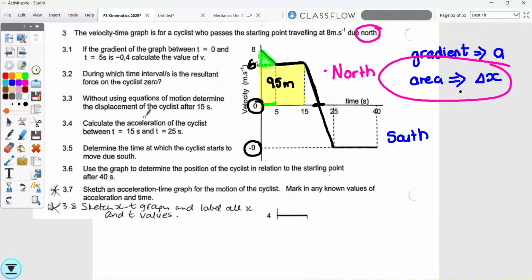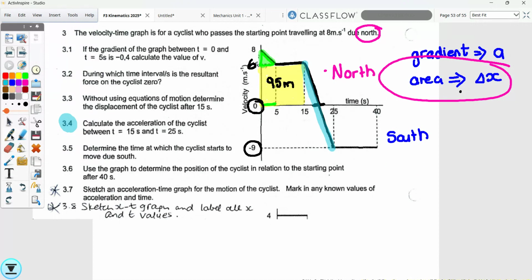Okay, moving on. Then, guys, question 3.4 says, calculate the acceleration of the cyclist between 15 and 25. So go and find that on your graph. Tell yourself where you are, between 15 and 25. You are allowed to use highlighters. So for question 3.4, I'm between 15 and 25 seconds.